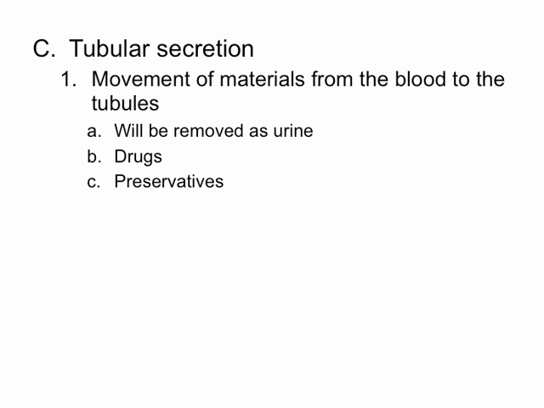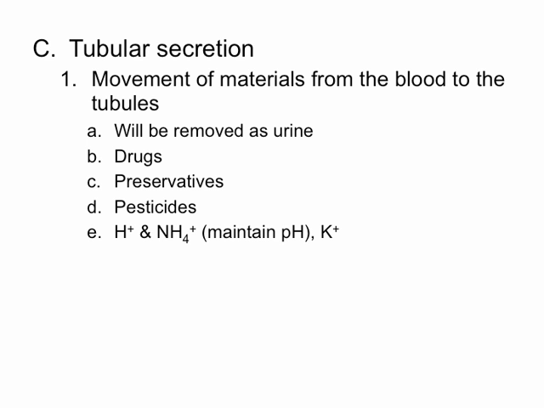Preservatives will be secreted back into the kidney tubules. Pesticides as well. And things like hydrogen ions and ammonium, and that's going to be there in order to help maintain the pH. Additionally, we can secrete more or less potassium depending on the needs of the body at the time.